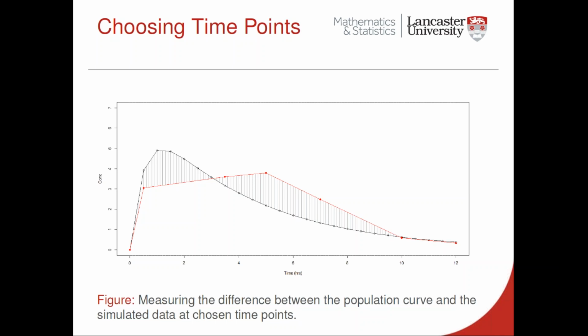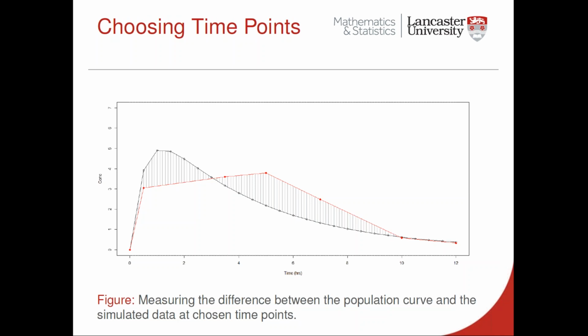And so what we do is we literally take possible sets of time points that we're interested in. So if we are interested in choosing 6 time points in our sample out of the, I think it's 24 in this case, that we're allowing, we simply measure how far away is the red curve from the red observation.